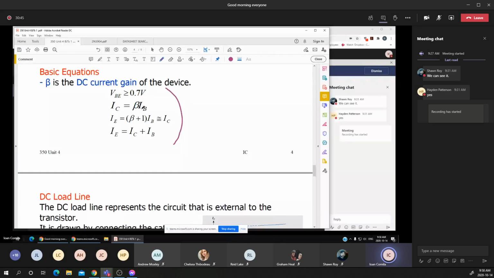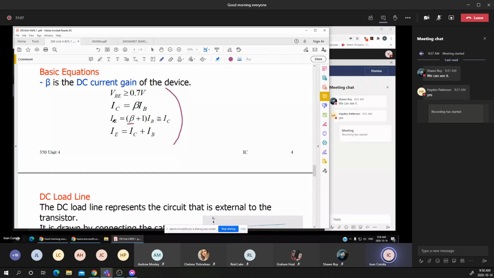Substituting IC with beta IB, we end up with beta plus 1. But remember that beta is a very large number, like 50, 100, 400, 500, and so on. That means that beta plus 1 will not make a big difference in using this equation.